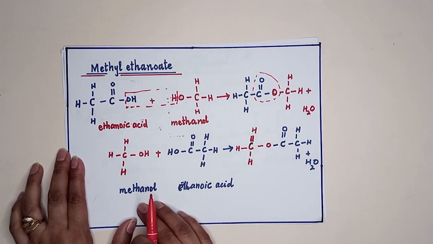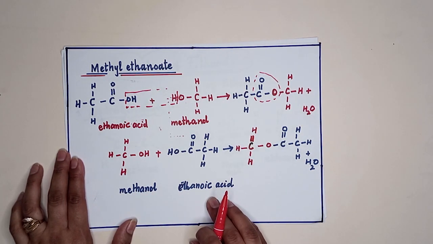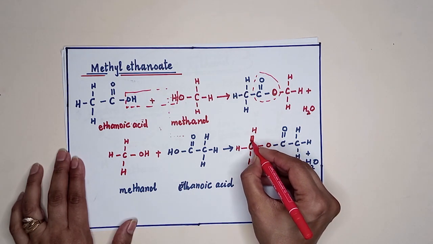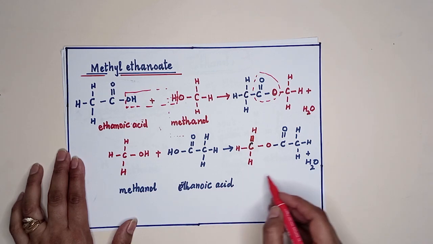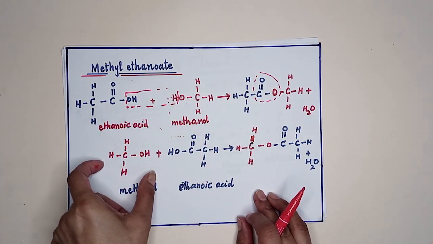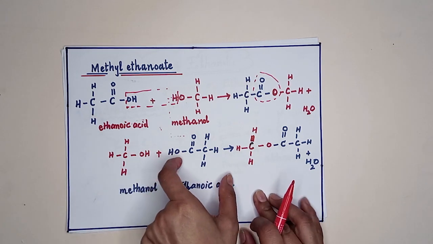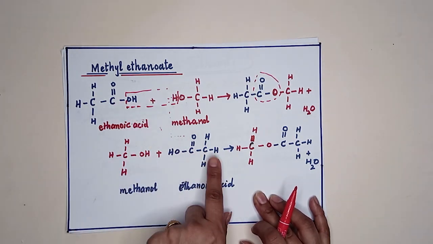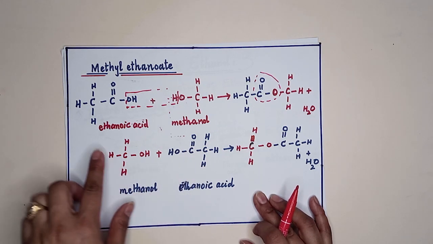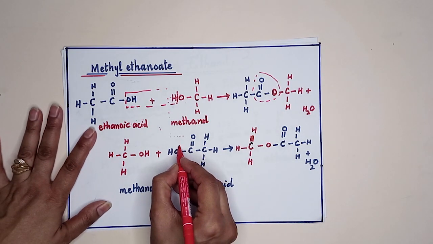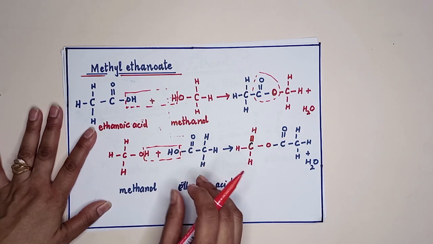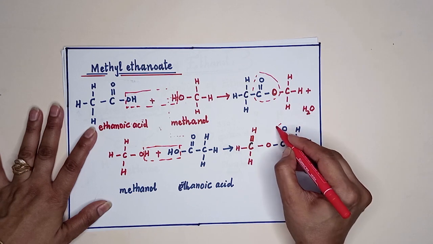So methanol plus ethanoic acid will react together to give us methyl ethanoate. If we write the methanol here and the ethanoic acid here, then remember we will switch the functional group towards this carbon atom, because it is going to be condensed along with the functional groups. The OH from this and the H from this will come out. The structure will be like this.